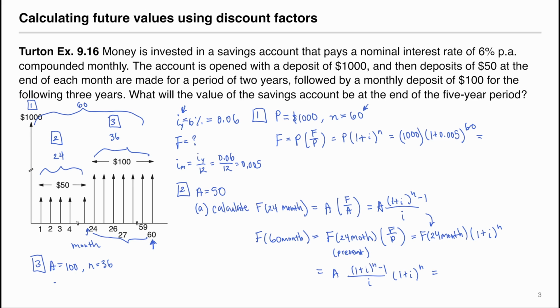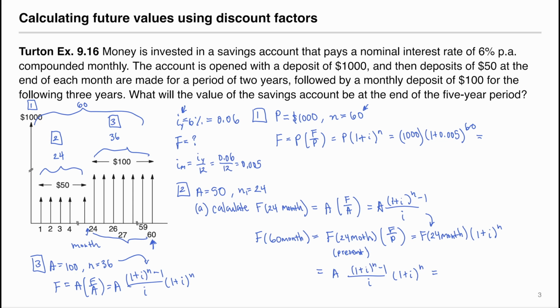So the future value at 60 months is equal to the annuity times its discount factor, F divided by A, which can be found in the table. So we have ((1 plus I)^n minus 1) divided by I. And notice that this n is now 36, and not to be confused with this n, which is 24.